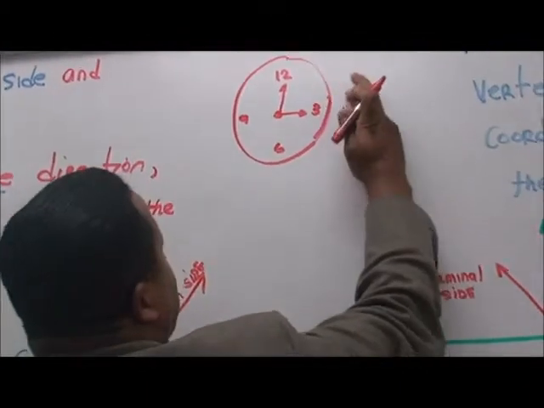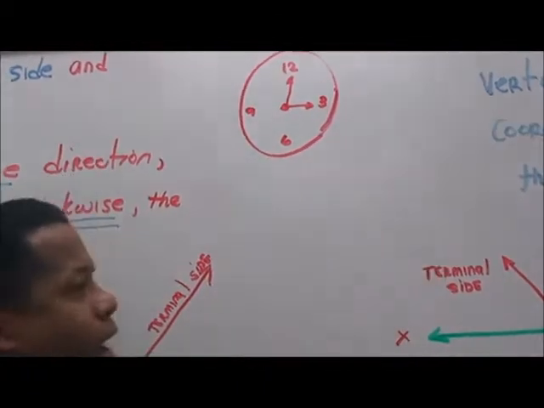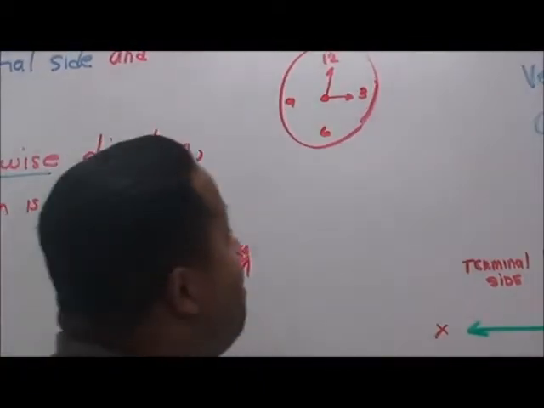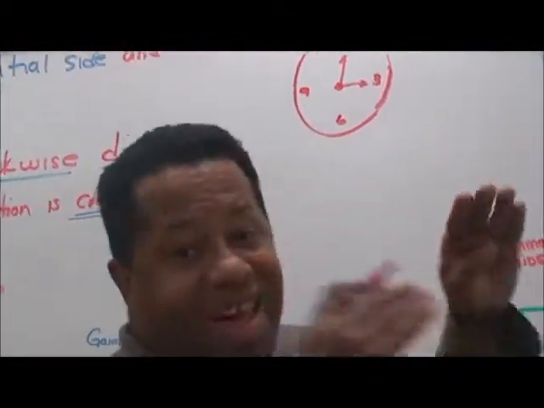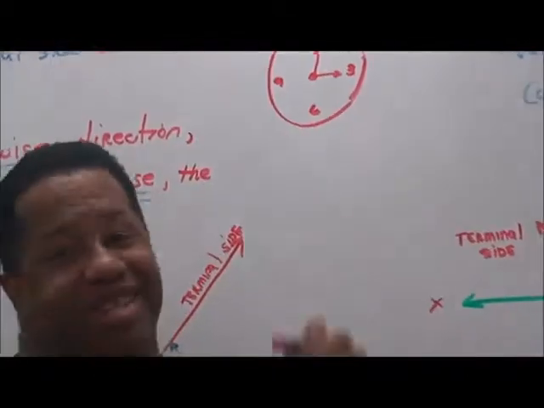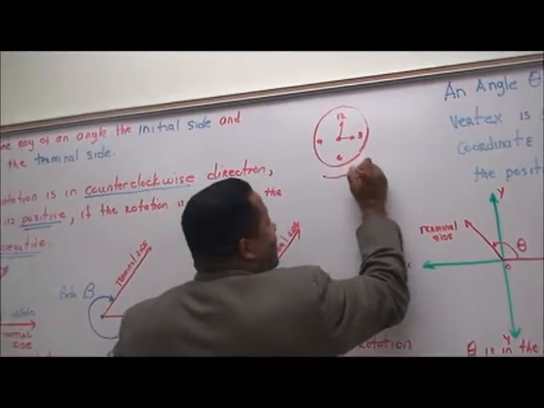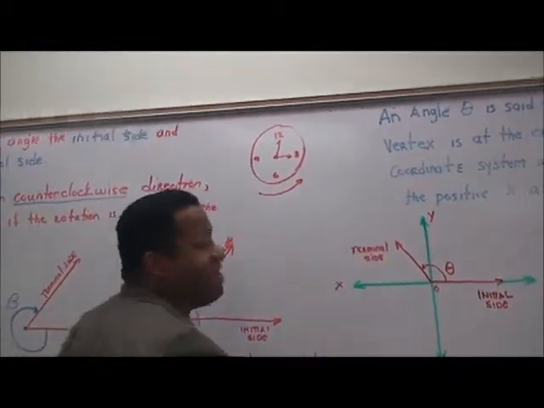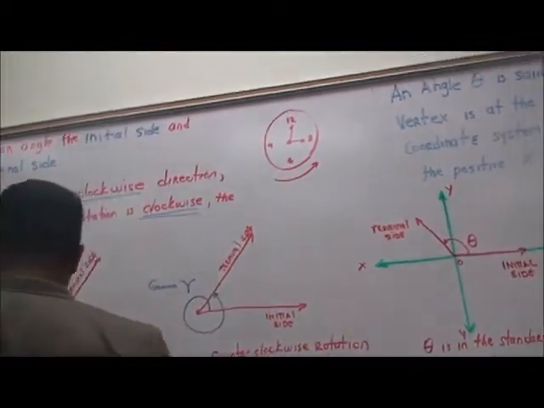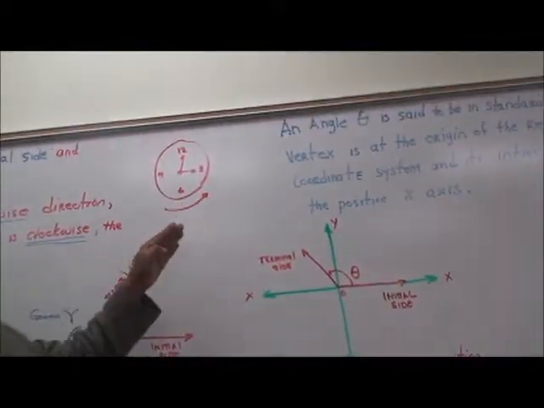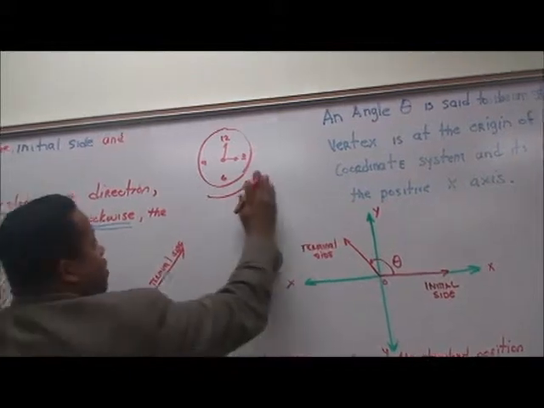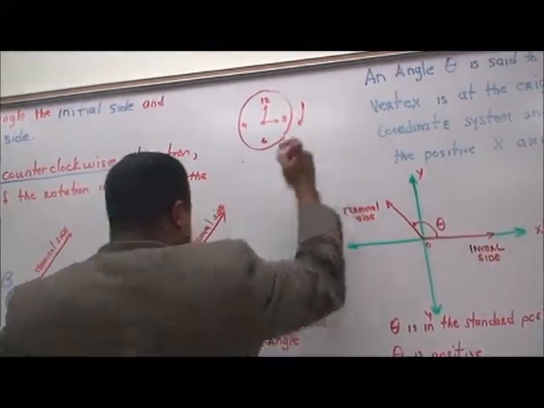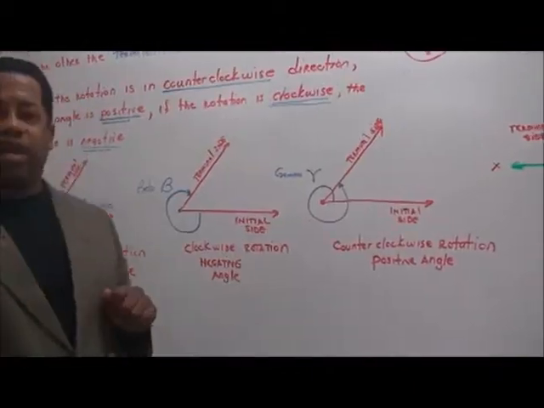If, however, by some crazy reasoning, the clock decides to go the opposite direction, then this will be a counterclockwise motion, which means you still have a positive angle. And in a clockwise motion, it will be a negative angle.